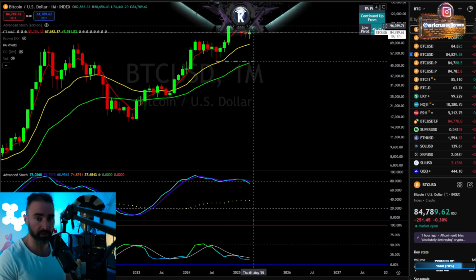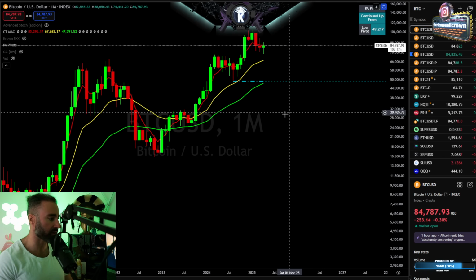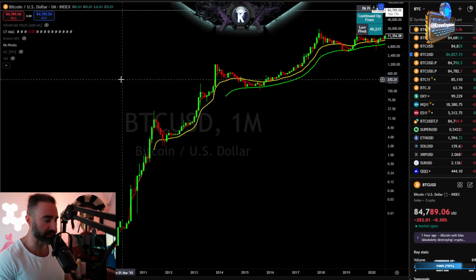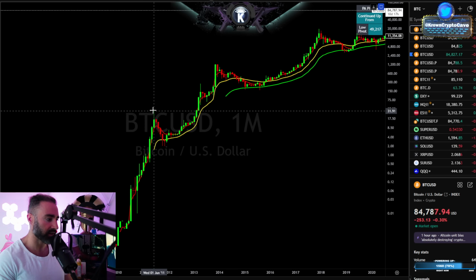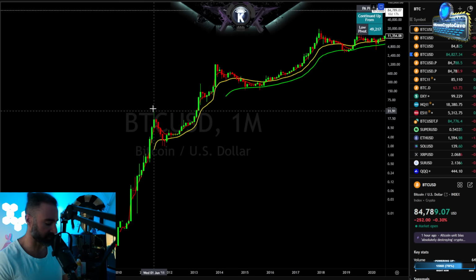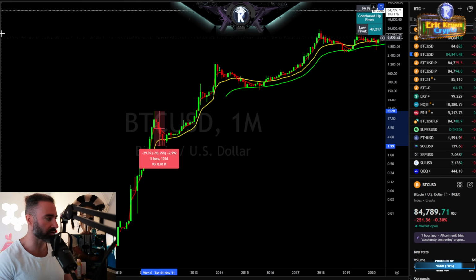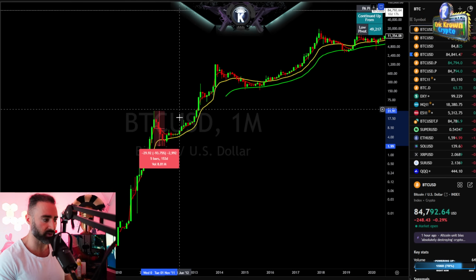Where would I expect the low of the cycle to be? Well, let's relate a few things here. We know from cycle to cycle there have been diminishing returns both to the upside and the downside, meaning the highs are less impressive each cycle, but the drawdowns from those cycle highs are also getting less and less each and every cycle.